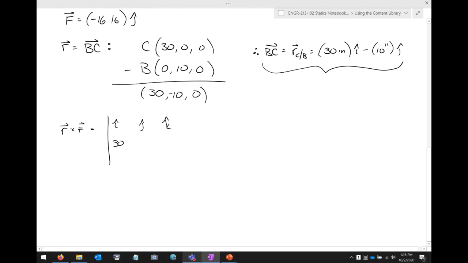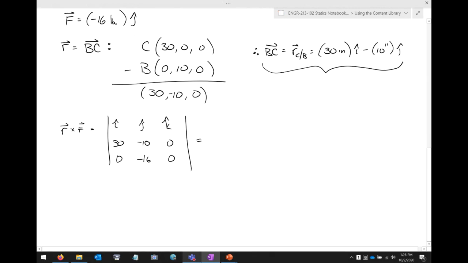You could say 30 minus 10, 0, because there's no term there. And this is 0 minus 16, 0, because this is 16 pounds times negative 16J, and then 30I minus 10J here for the R.